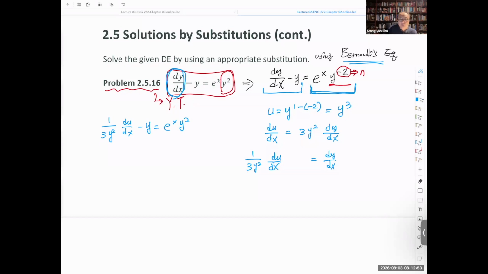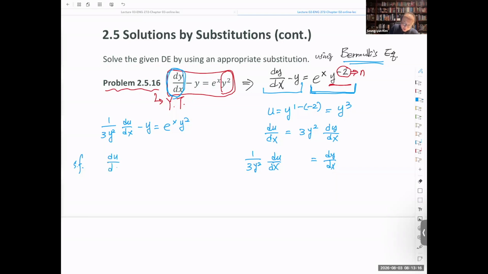And our objective is to have that expression in terms of du over dx, and then it's going to be linear. So in order to do that, I need to make it into a standard form. That means I need to multiply it everywhere by 3y squared.